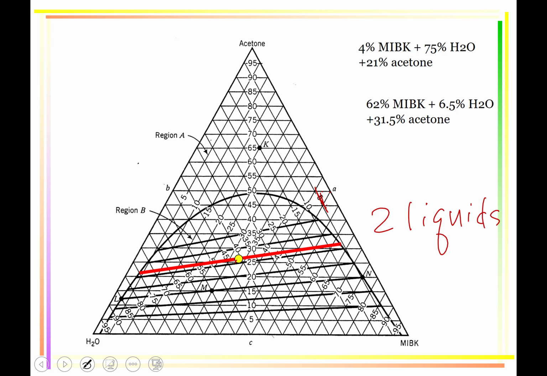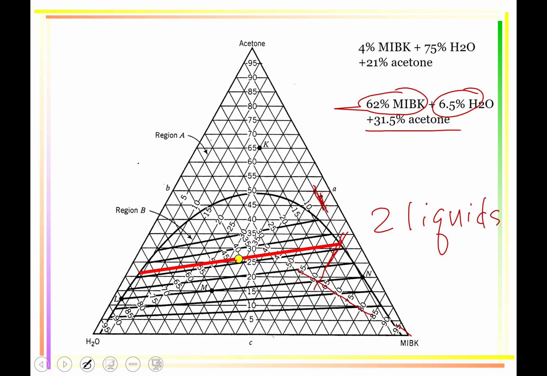It's like 6.5% water. And the MIBK, we're going to come down here. This is it here. So we're going to have like 62% MIBK, and the rest is acetone.